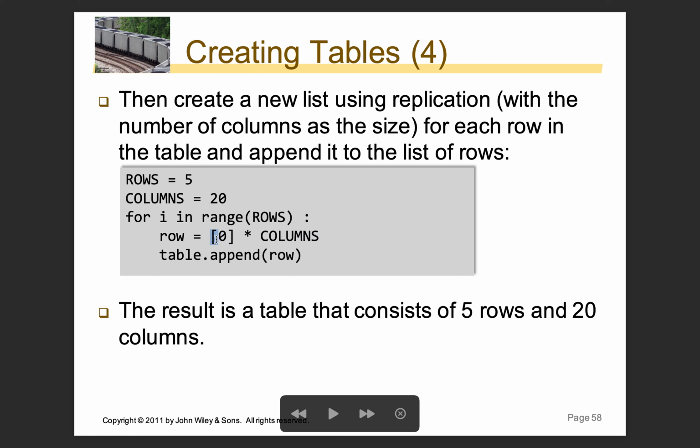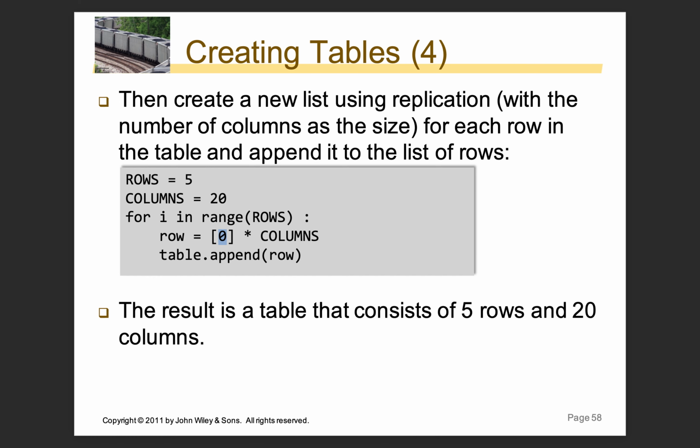It's going to open the list 0, 0, 0, 0, and so on, 20 times, and then append that row to the table. So the first element in our list table is a list containing 20 zeros. Then we increment the i and repeat this process. Our second row is going to be a list of 20 zeros, we append that, and we do this 3 times, 4 times, 5 times.